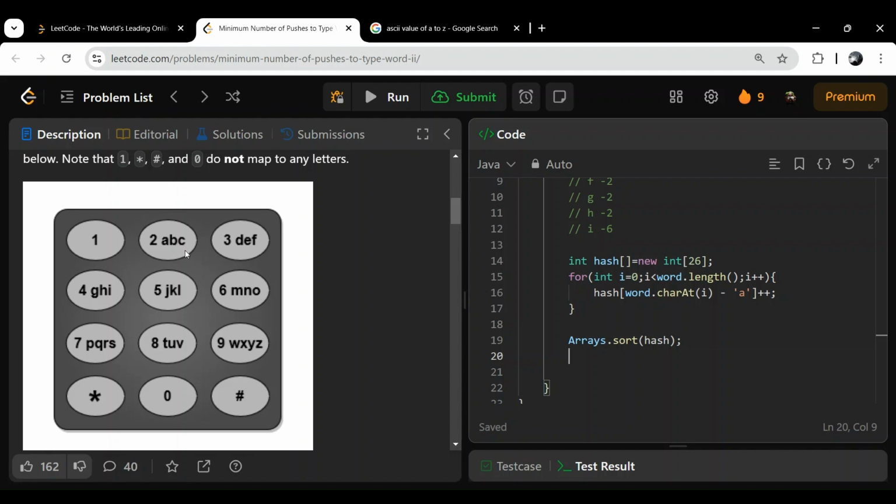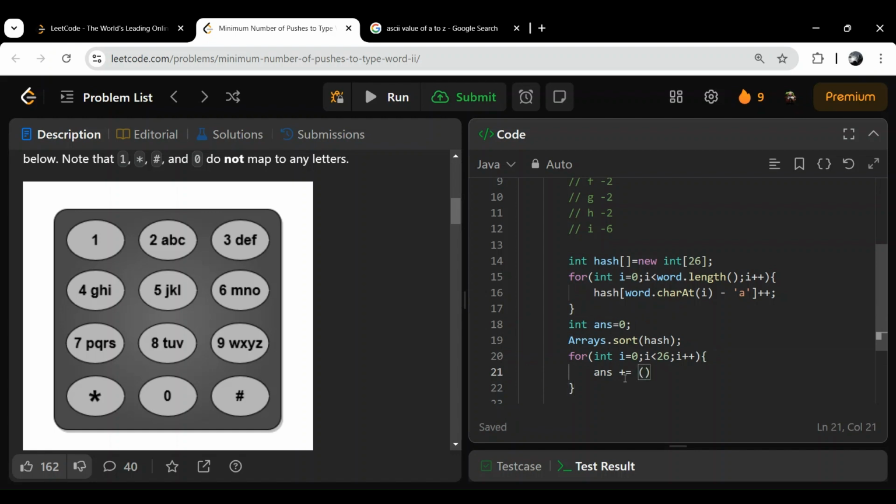So if you want C, then we have to press this 2 key 3 times. So first let's traverse our hash array, for 26, i plus plus, then take one variable as the answer, int answer equal to 0 initially, then answer plus equals.